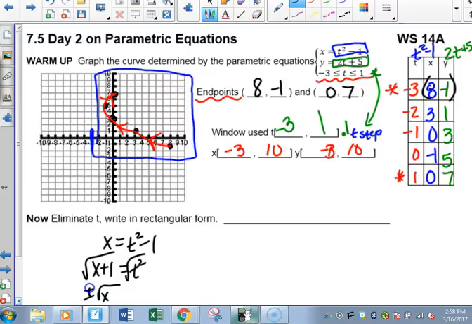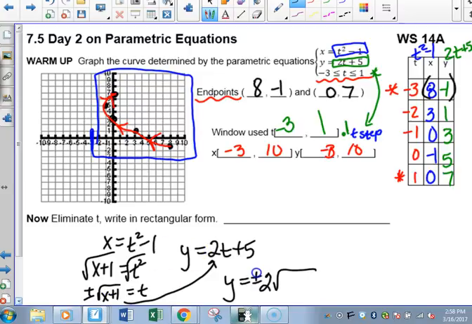Yeah, it would need plus or minus the square root of x plus 1 equals t. And then it said y was 2t plus 5. So we would have put this mess in here and gotten y equals, and the 2 is multiplied by the t's, so it would have been plus or minus 2 times the square root of x plus 1, plus 5. And that would be a fine answer.